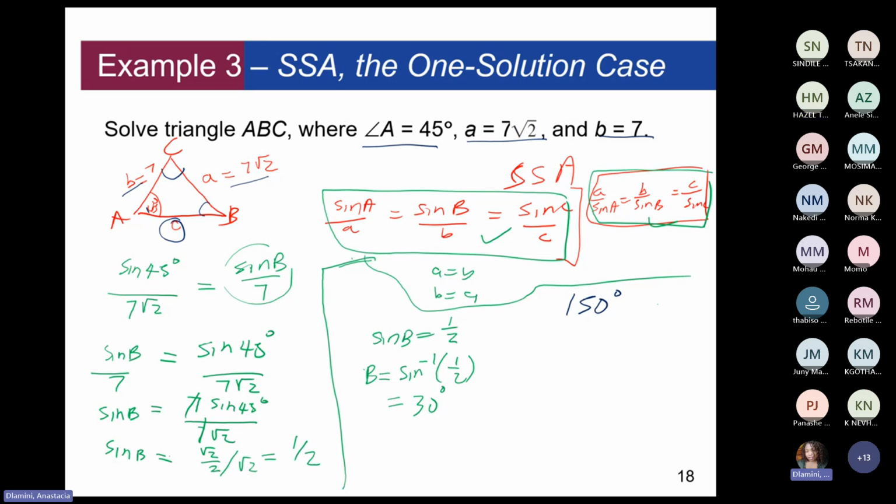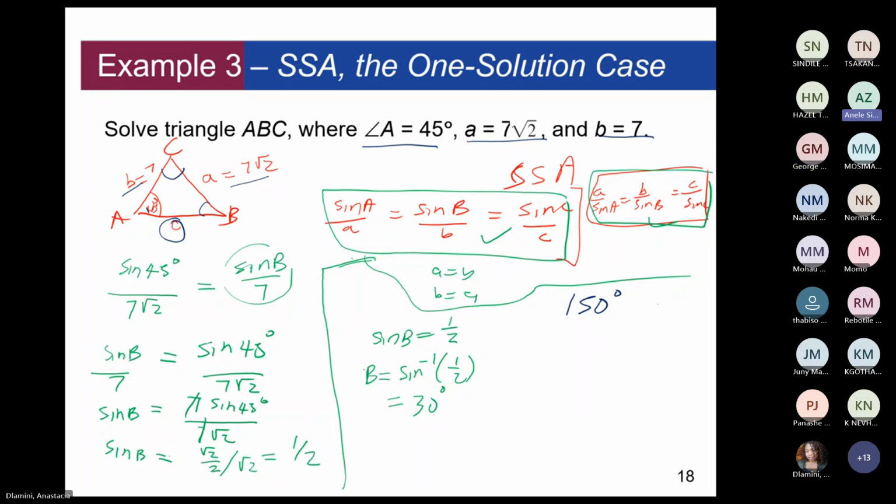B can be an obtuse angle and not an acute angle. We don't know. Does it make sense? Yes, ma'am. So you understand up to where we found 30 degrees, isn't it? Yes, ma'am.